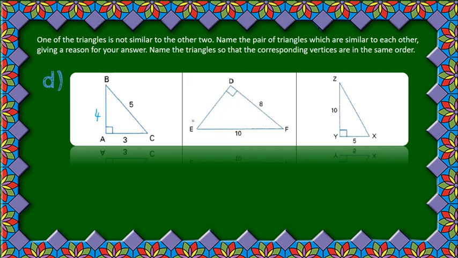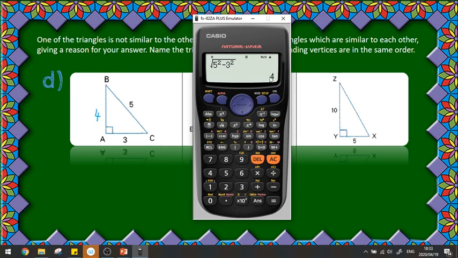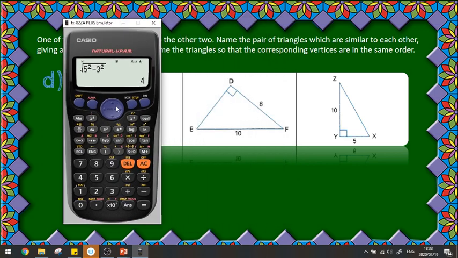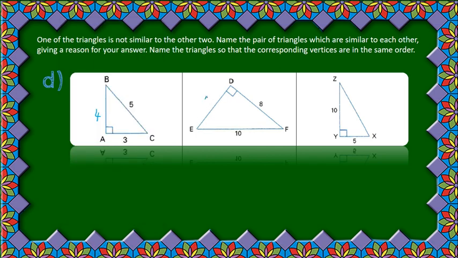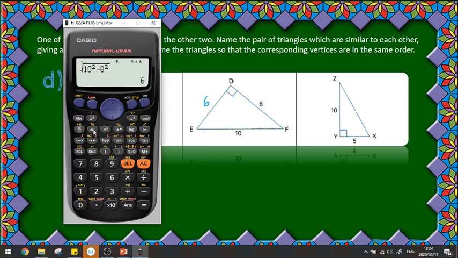Solving this one would be the square root of 10 squared minus 8 squared, so that's 6. And this one would be the square root of 10 squared plus 5 squared, which is 5 square root 5.